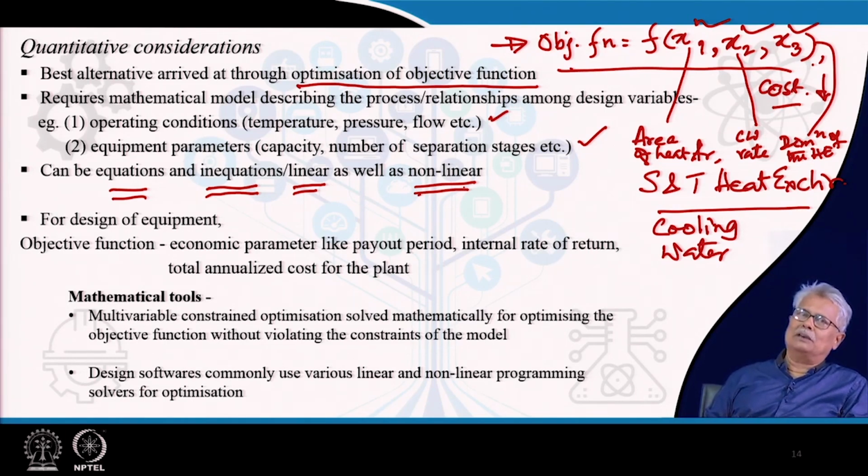So far, we talked about the qualitative considerations, we talked about the quantitative considerations, and in quantitative consideration when we go for the detailed optimization, we have to resort to mathematical techniques that involve primarily optimization of multivariable problems formulated, and these techniques could be linear, nonlinear, or anything for that matter.